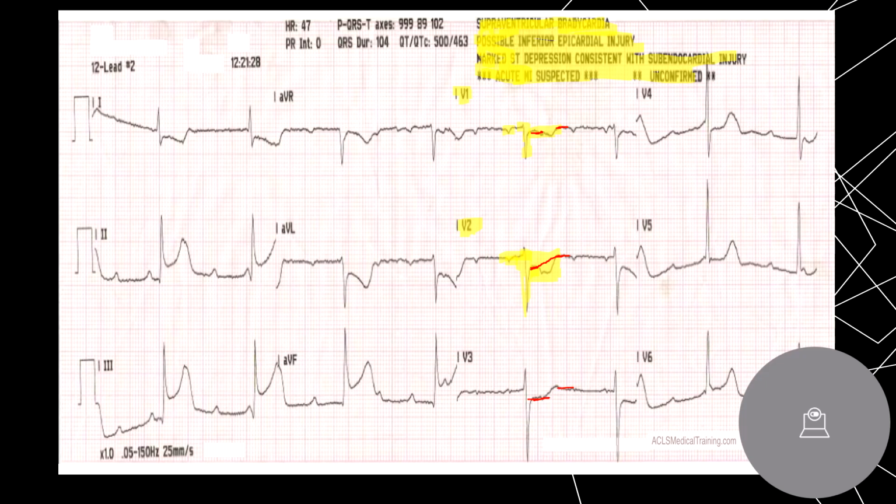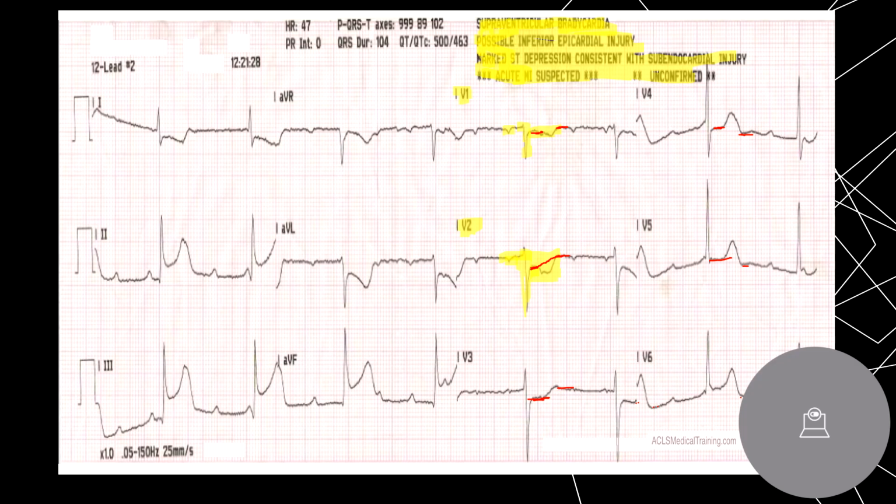V3, absolutely depressed. V4, it's kind of sloppy. V4 is actually probably okay. It's hard to see. If you just go off of these, it looks like you have some elevation here, but I don't believe you do. It's too inconsistent. Again, V5, V6, there's just too much movement.